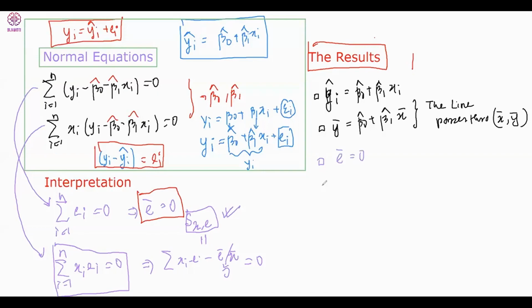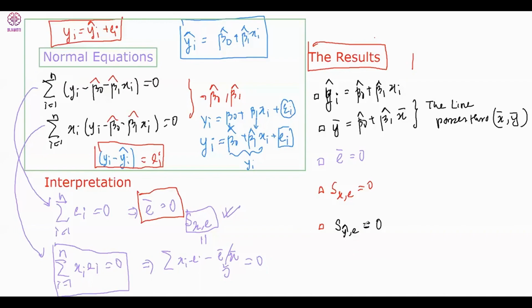We also got that S of x comma e is 0. That is, the sample covariance of the errors and x is 0. Now we will prove the following results soon. Let me write down the results. We'll prove that y hat and e are uncorrelated, so that y hat is only dependent on x.